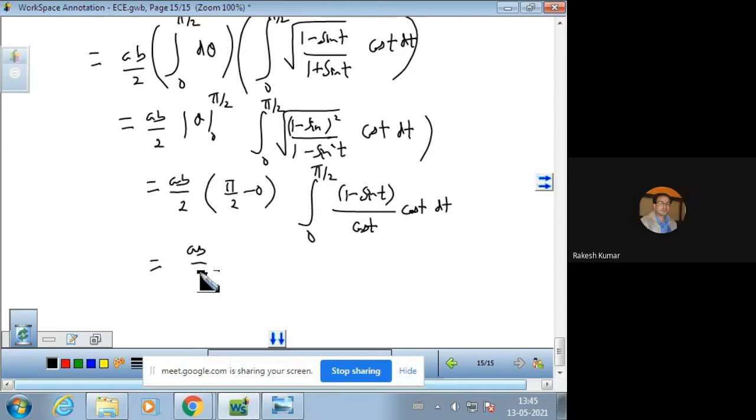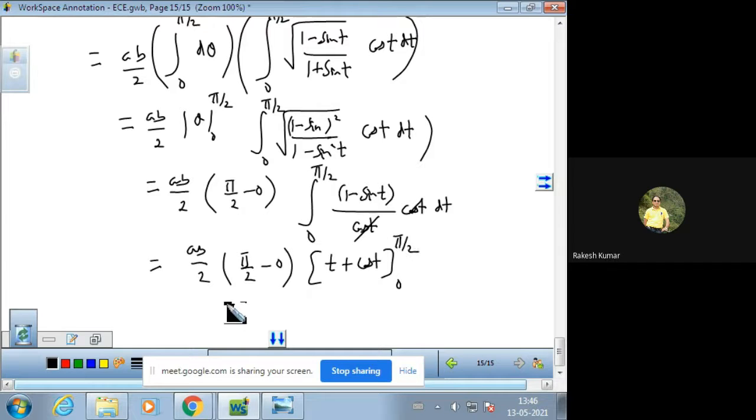And AB upon 2 into pi upon 2 minus 0. Cos t will cancel over here, and the integration of 1 will be t, and the integration of sine will be minus cos, from 0 to pi by 2.